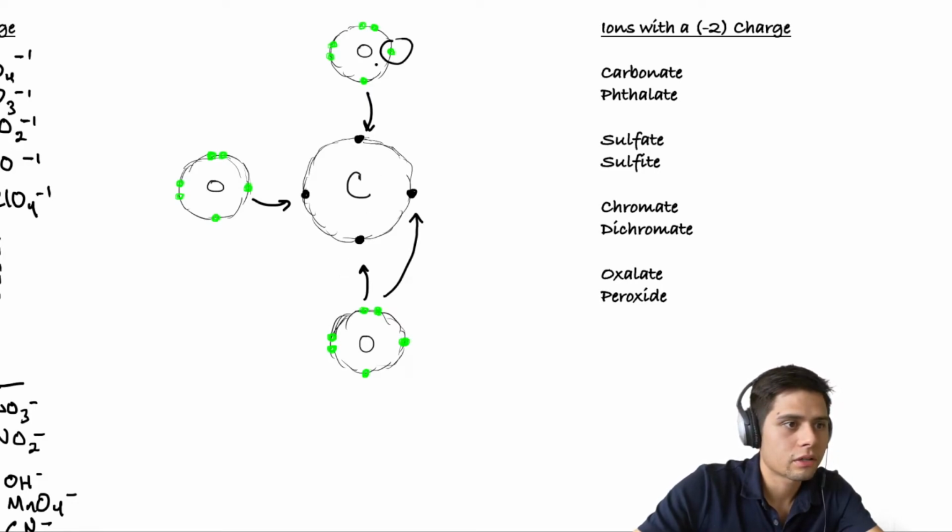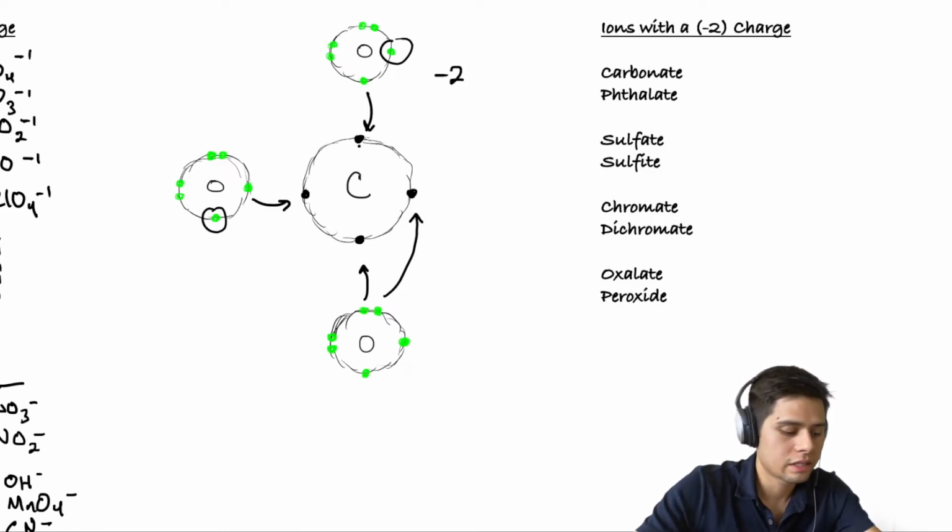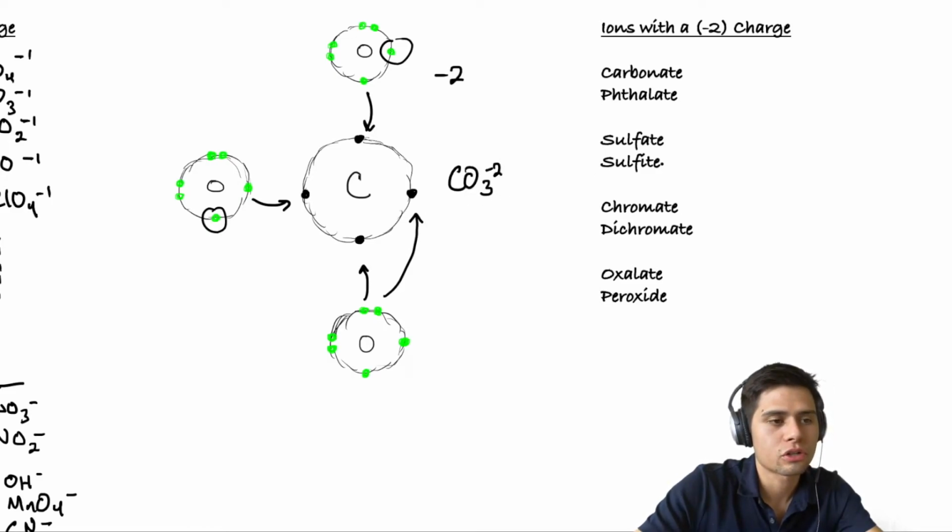We have 2 exposed electrons, so this thing has a -2 charge on it. And this thing is CO3 with that -2 charge on it, and that's what we call carbonate.